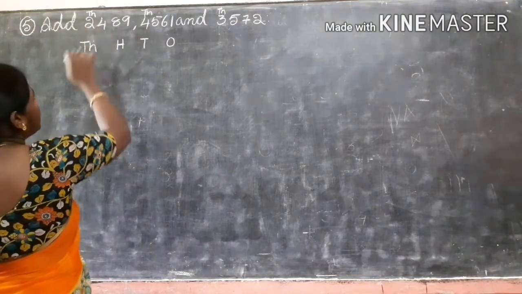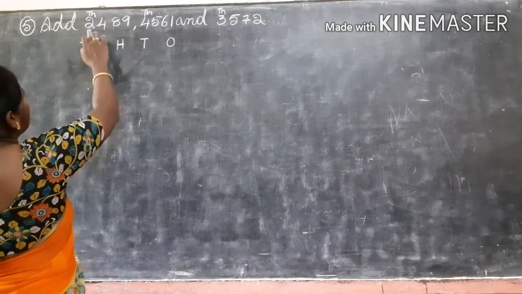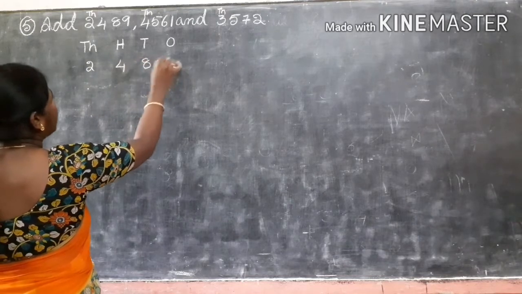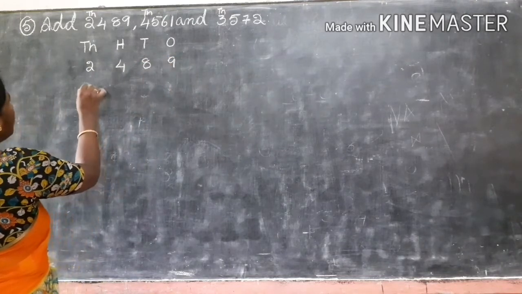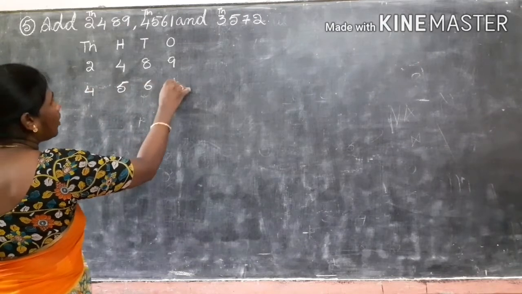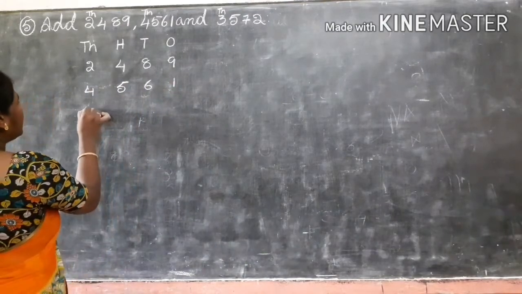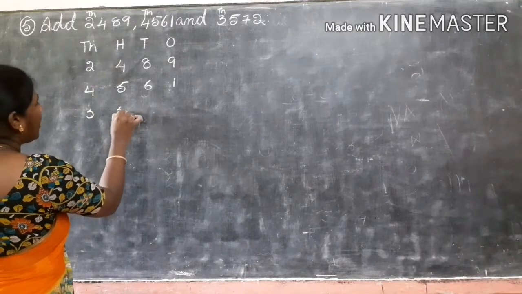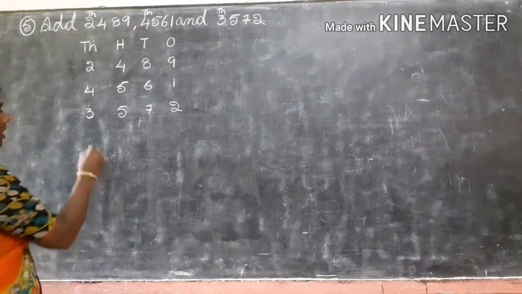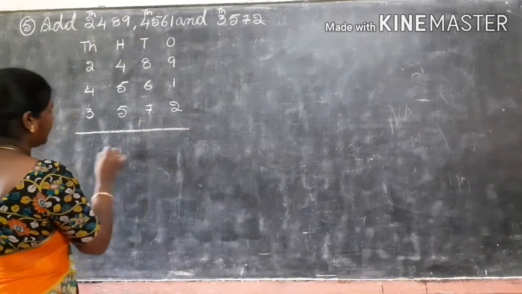So thousands place too we have to start. 2489. Next 4561. Next 3572. Now we have to do the addition.